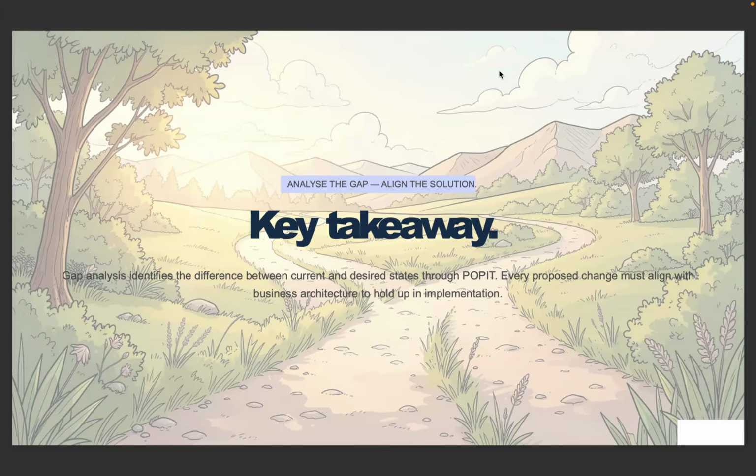And for us to know the causes, we need to go through the POPIT model, which is very important in gap analysis. We'll check the people, the organization, the processes, the information, and also the technology. When we talk about checking the people, we'll check the employees. What is happening?